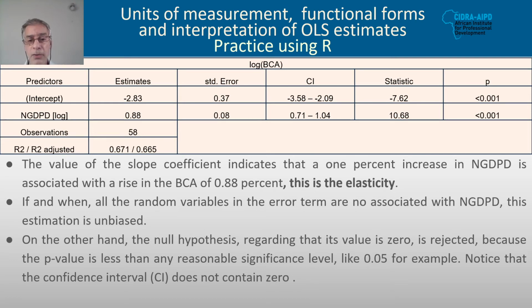Also, you can take a look at the confidence interval values, and you can see that they don't contain 0 at all, so we are on the good way. Again, the R square has increased, but not to a quantity that pleases us.